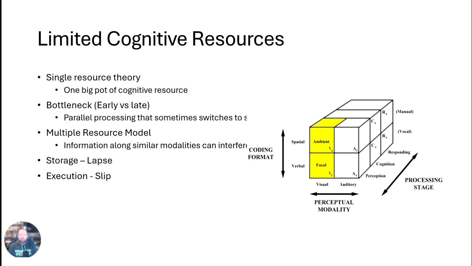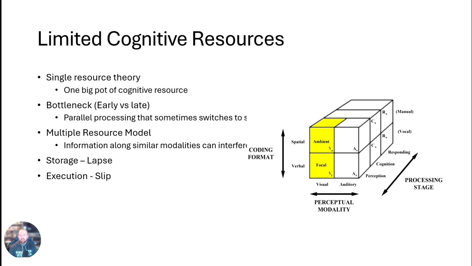Then we ended up with bottleneck issues because there were certain things that people would report that represent parallel processing problems. So this would be an example of if you're reading something and then listening to some kind of verbal information, those two will conflict.